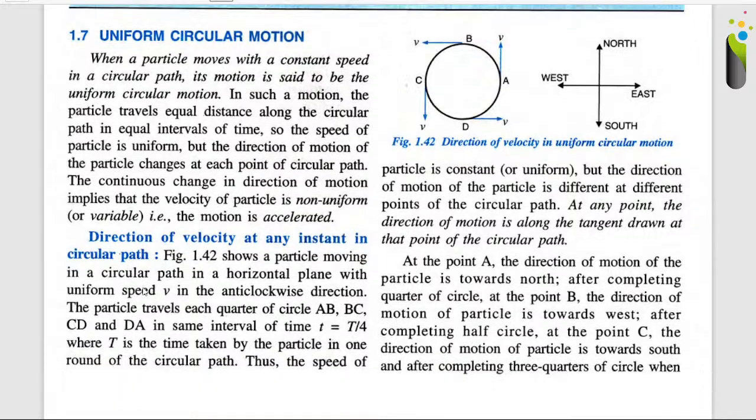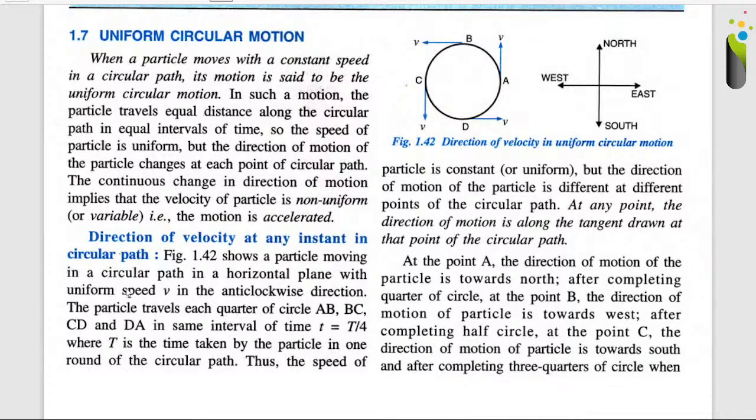Direction of velocity at any instant in a circular path. Figure 1.42 shows a particle moving in a circular path in a horizontal plane with uniform speed v in the anti-clockwise direction. The particle travels each quarter of the circle AB, BC, CD, and DA in the same interval of time.